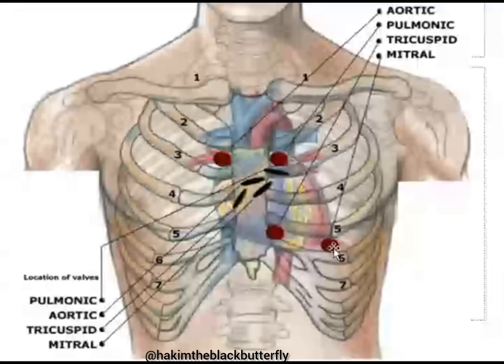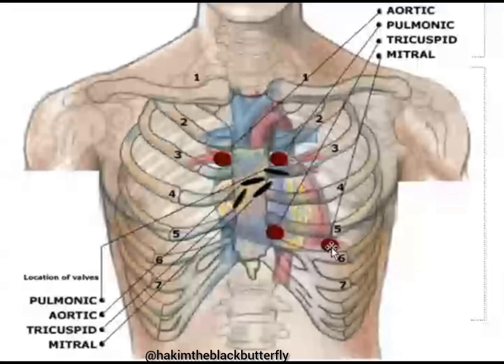The apex of the heart is in the fifth left intercostal space, where it intercepts with the mid-clavicular line. Deep there, that's where you have the apex, also the sounds of the mitral valve.